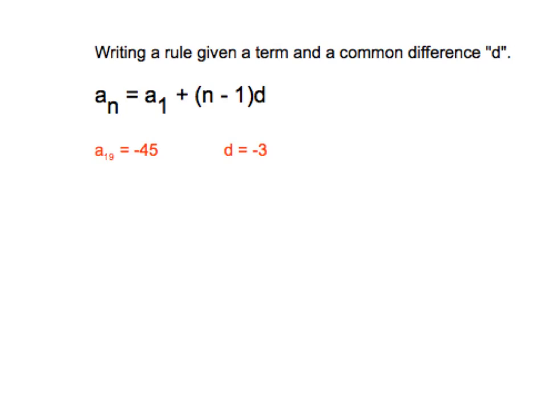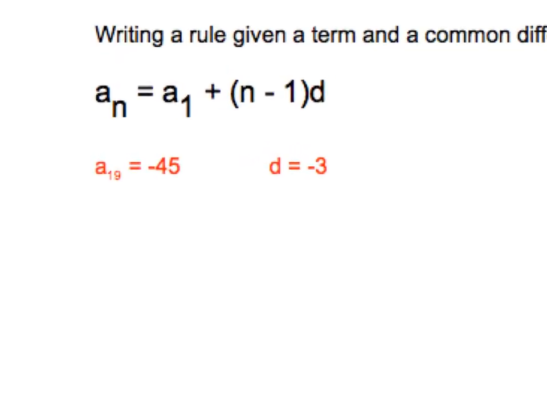So basically what this problem says is that the 19th term in the sequence is negative 45. That also tells us that in this case, n equals 19.